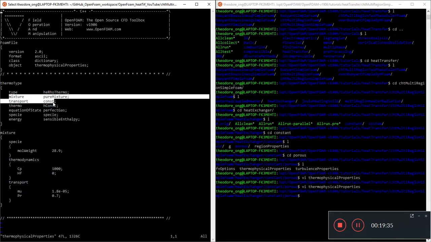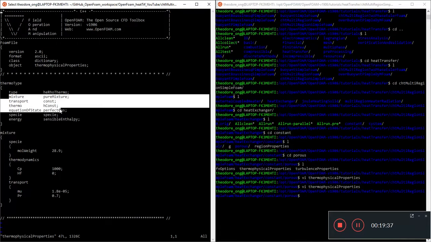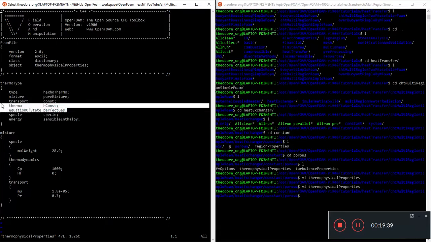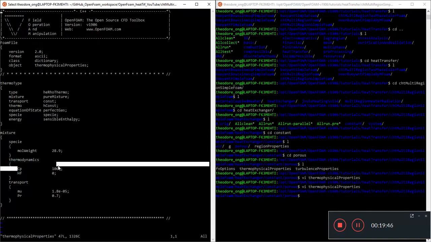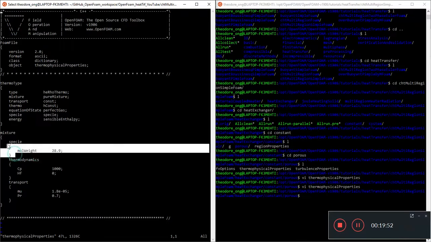Transport, thermo, equation of state. These are all how you want to define, for example, your heat capacity. You define it here. This is a constant heat capacity, constant heat of fusion. Of course, you have molecular weight here as well.